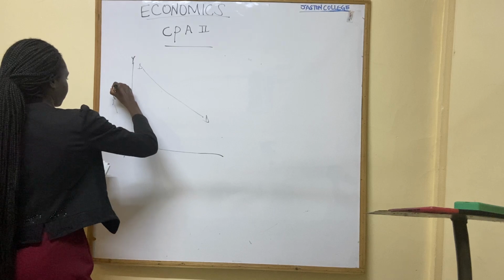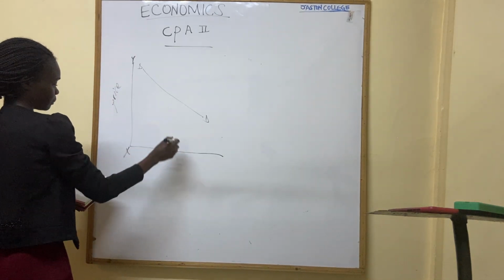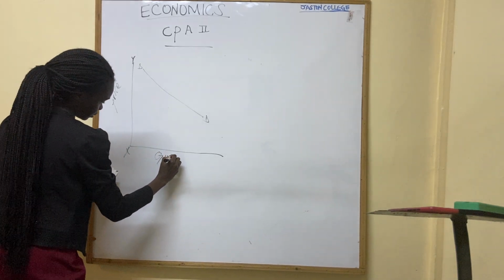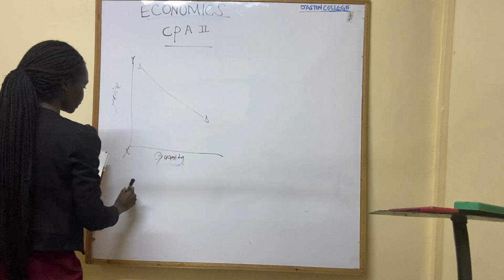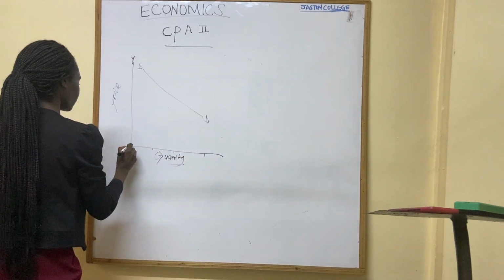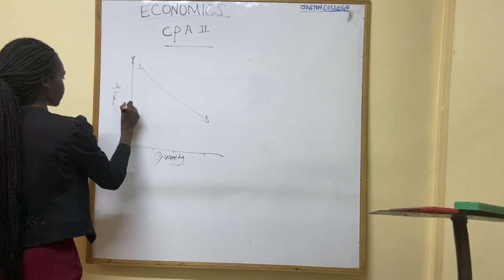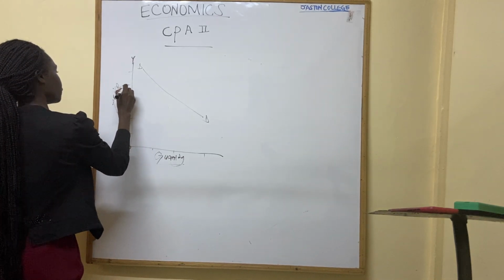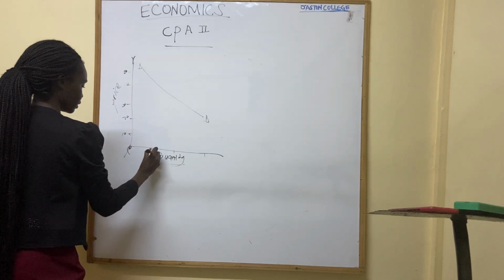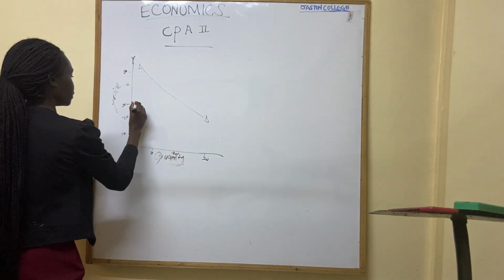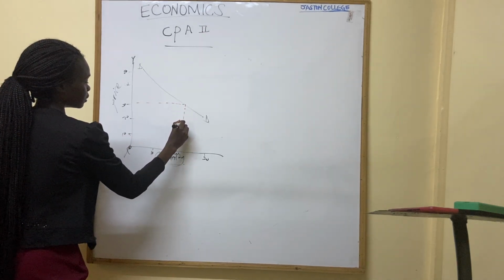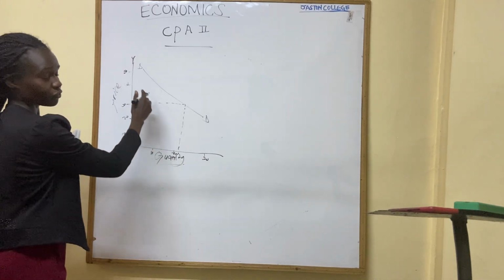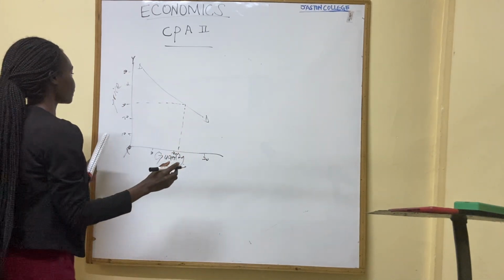This is the y-axis and this is the x-axis. This section is the price and this section is quantity. So this is 0, 10, 20, 30, 40, 50. So this is a sample of a demand curve of individual and market.